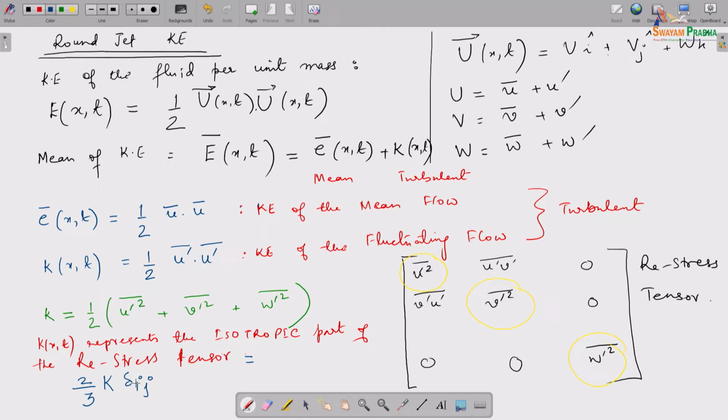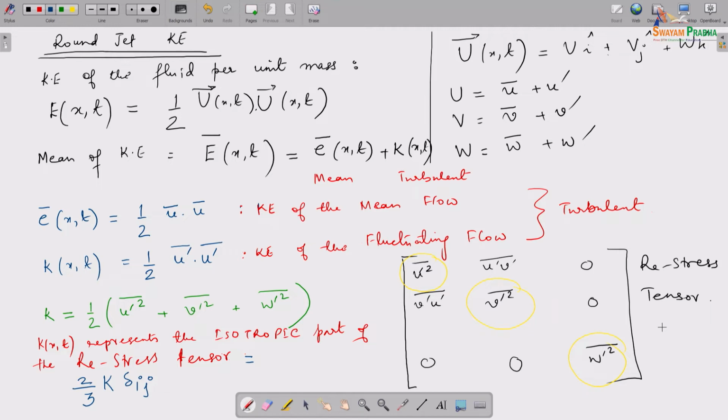So what this basically becomes is the Reynolds stress tensor. What does this mean? If I isolate this part, essentially what I'm trying to say is, if I take the energy, I can get the Reynolds stress tensor from the energy.